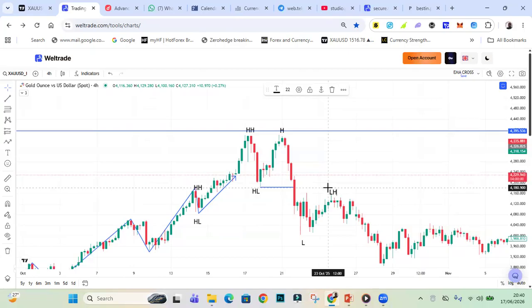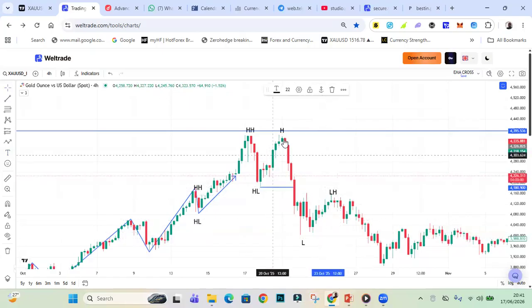It's a lower high. Okay? So this is a lower high and this is a lower low. This is a low first and this is a lower high because we already have a high here. This is a lower high.